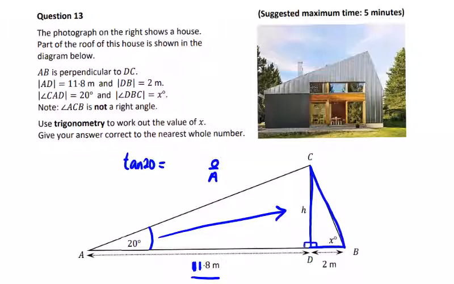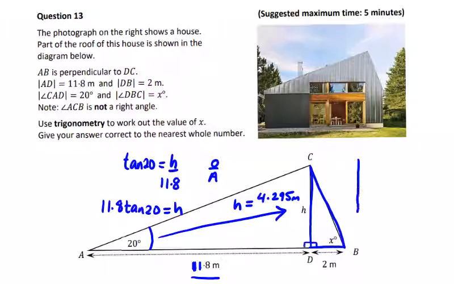Just make sure you get them in the right order. H over 11.8. So on your calculator type in 11.8 tan 20 and you will get H. So H is equal to, I'll take 3 decimals, 4.2948295. This is in meters.